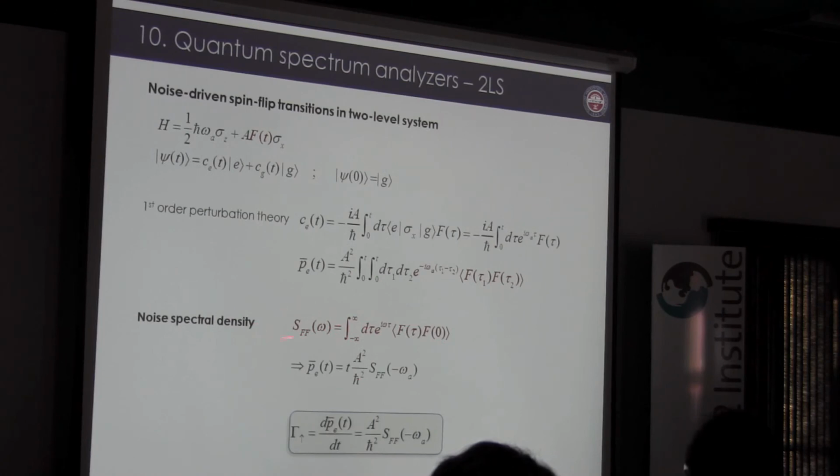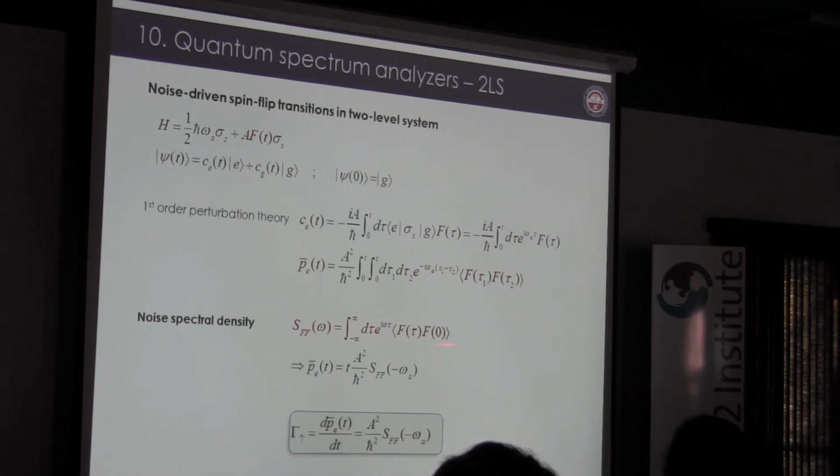This definition comes up a lot, so it's important to know what a spectral density is. It's the Fourier transform of the correlation function. You look at the correlation of noise, and the spectral density is just the Fourier transform of that. For white noise, it's a constant.